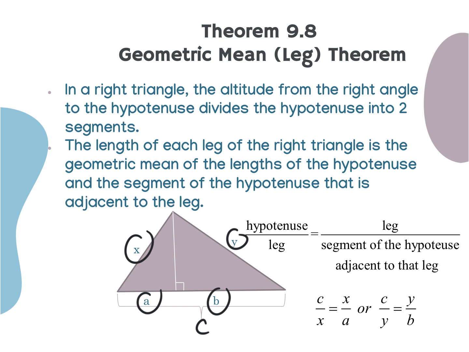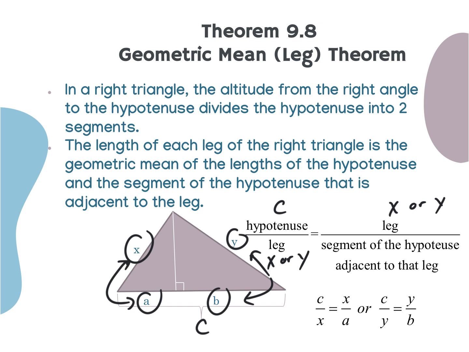But I want you to realize a and b is the hypotenuse of the big triangle. So hypotenuse in this case would be c. We have the legs, which are going to be x or y, depending on the order that you want to put it. And then you have the segment adjacent to that leg. So if you put x, you would have to put a. If you used y, you would have to choose b.